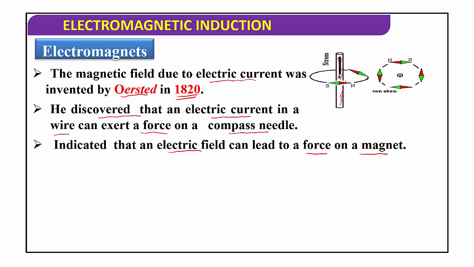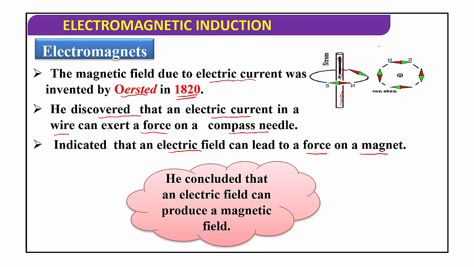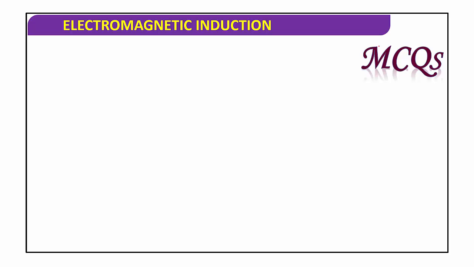Then he concluded that an electric field can produce magnetic field. Is it clear? Electric field can produce magnetic field.